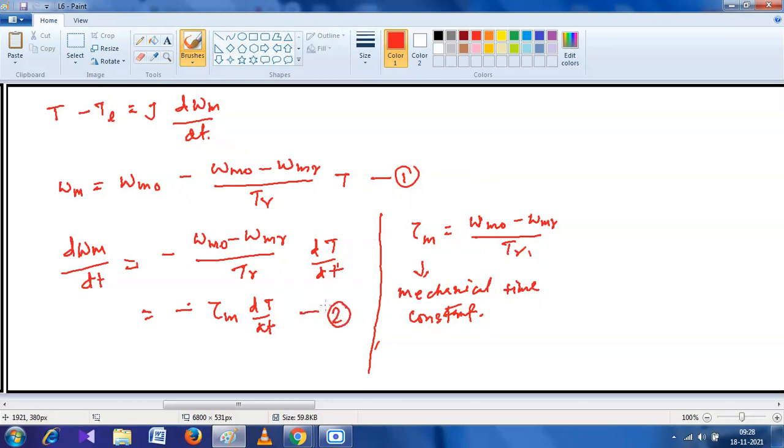Suppose this is equation 2, d omega m by dt.